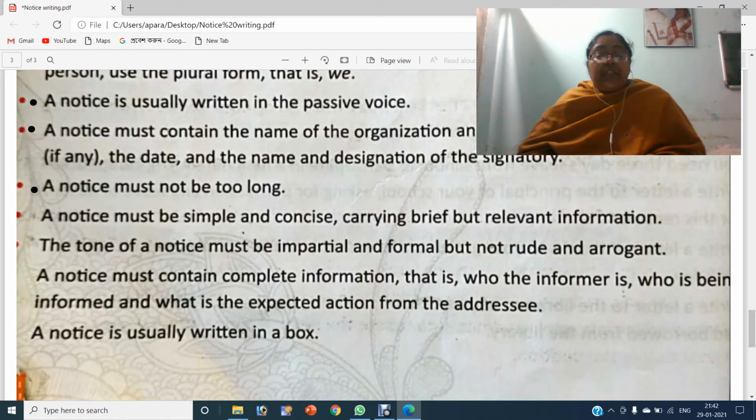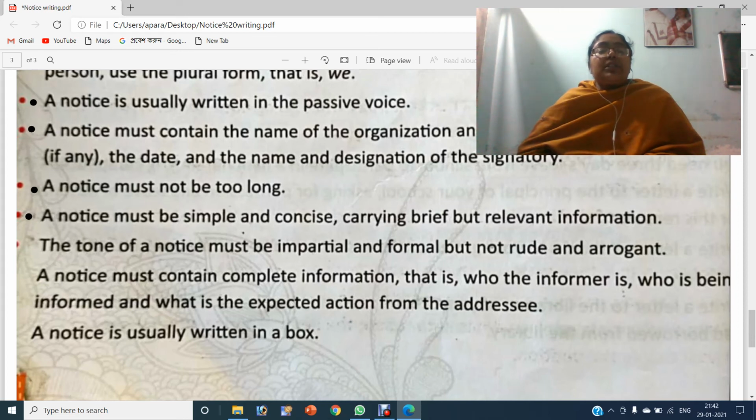Carrying brief but relevant information about our notification. What we want to notify the people should be given there as an information in the notice section. Okay, that's a must.